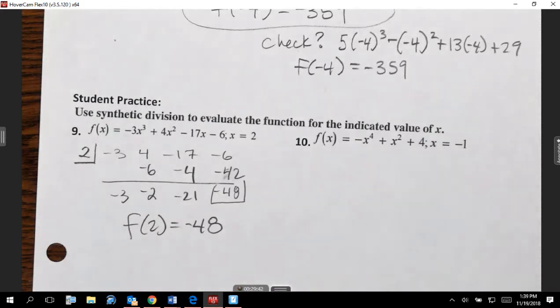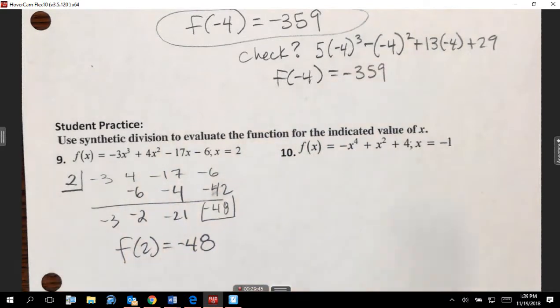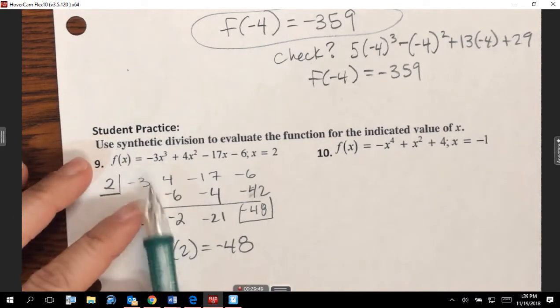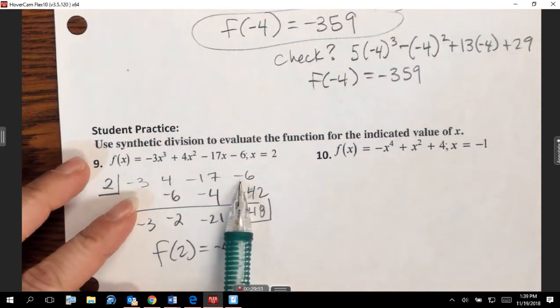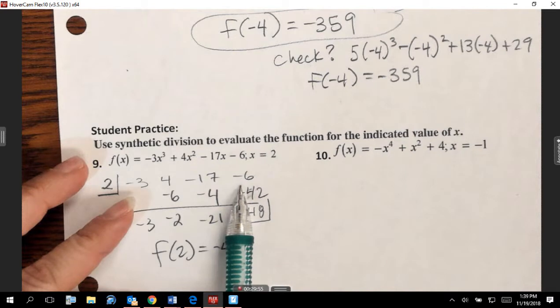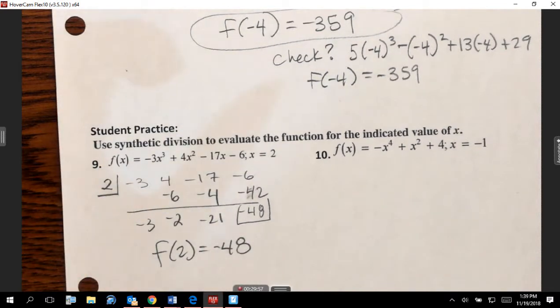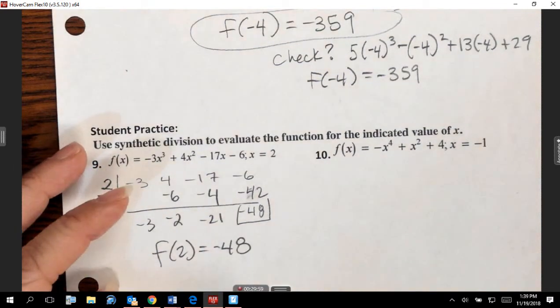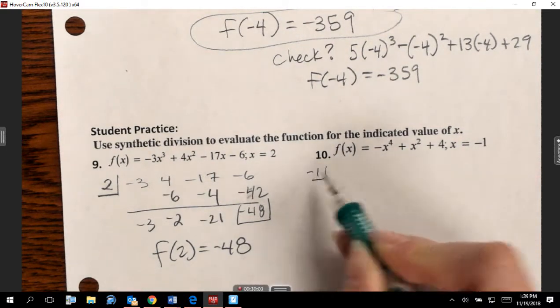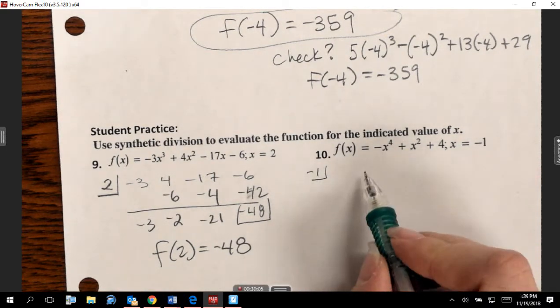If the power is 4, how many coefficients should I have? When the power was 3, I had 4 coefficients. How about when the power is 4? Some of you did number 8. How many coefficients should I have if the power is 4? So I should have 5.